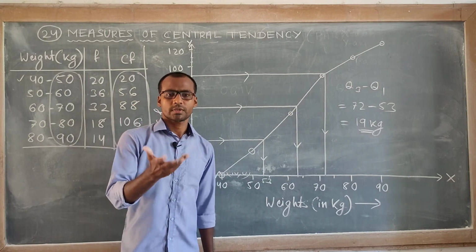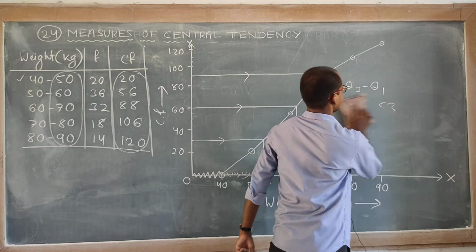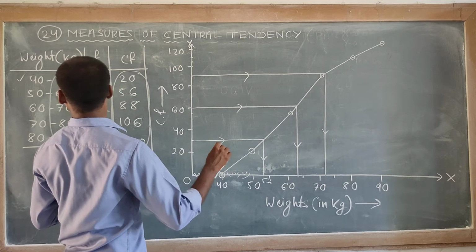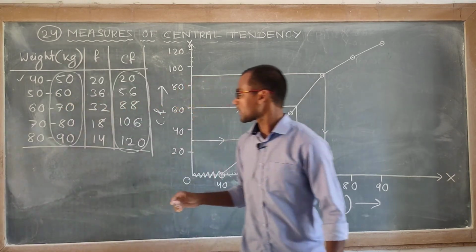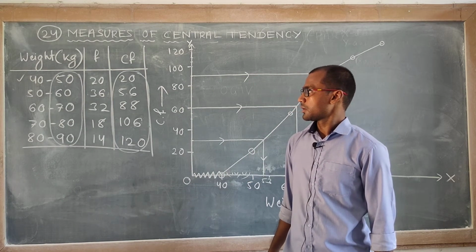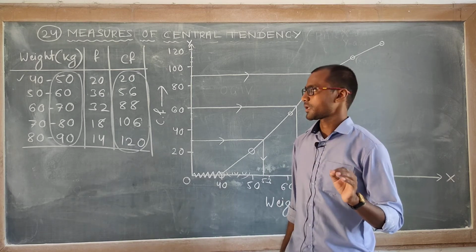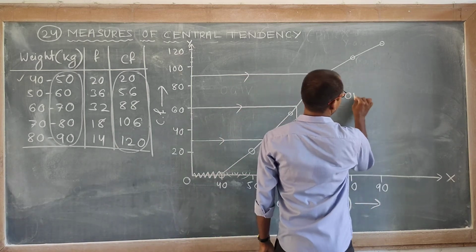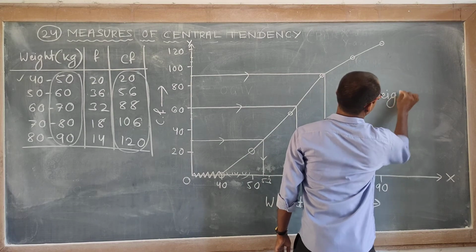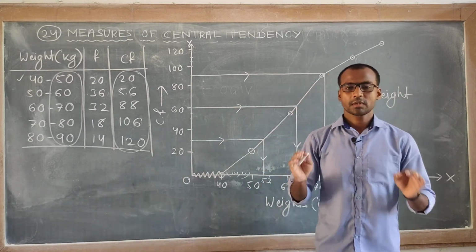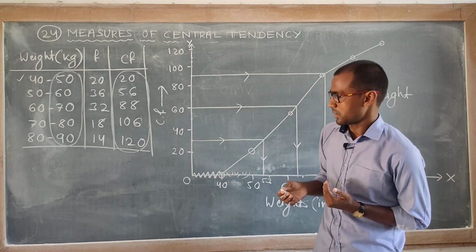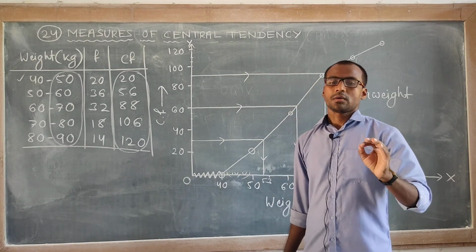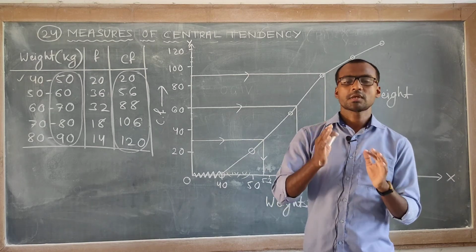Now suppose one or two more questions will be added with this. Suppose the question is like this: find the number of children who are overweight if the children whose weight is above 75 kg are considered to be overweight.